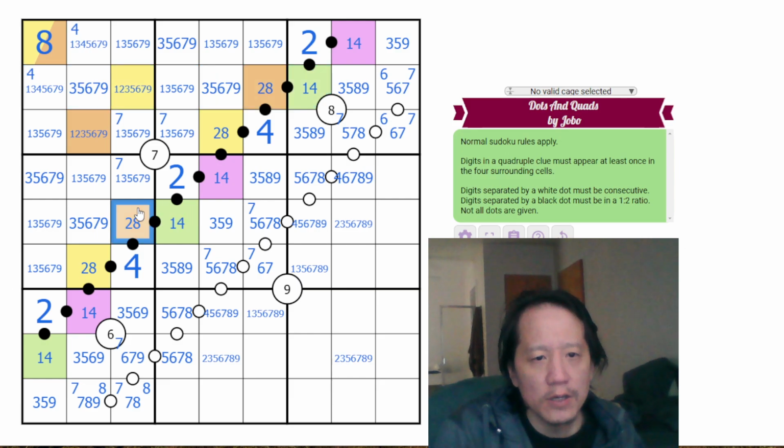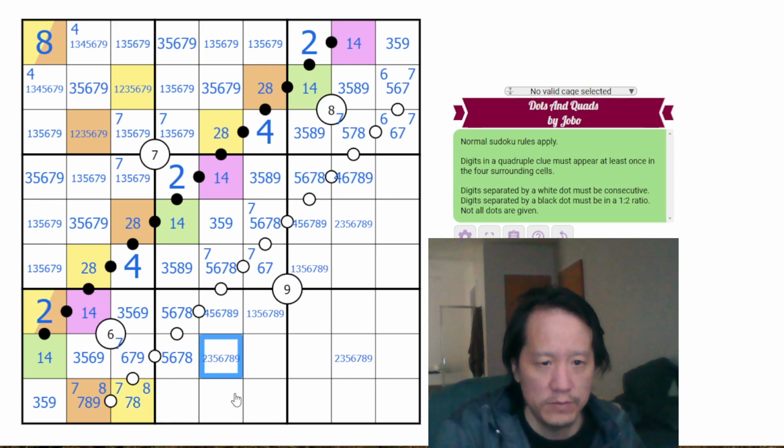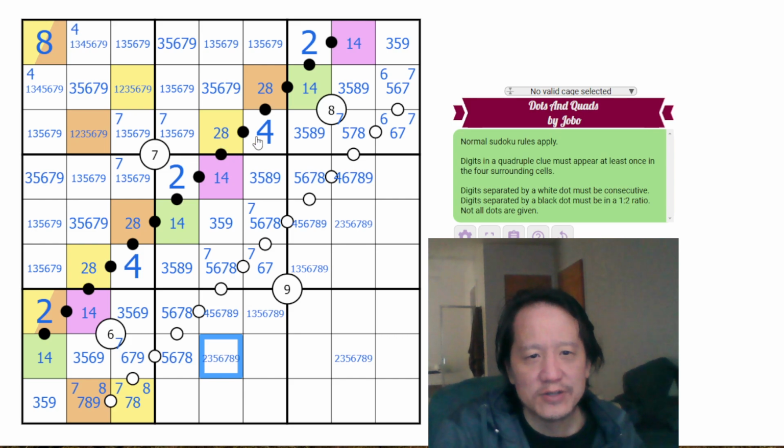Orange cannot be this one. It can't be here. So yeah, orange has to be one of these two. Yellow can't be this. So either that's yellow or this is yellow. I don't really remember how I solved this.